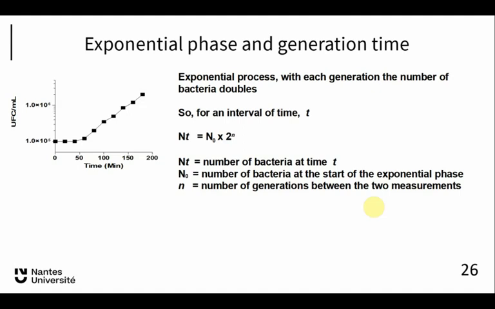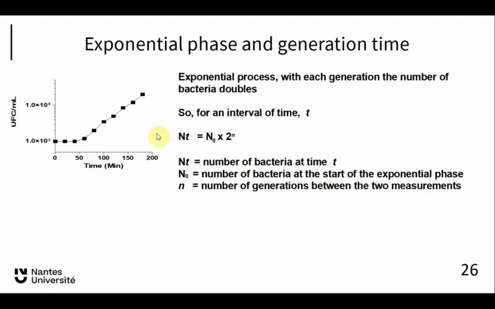How long does it take for a bacterium to divide into 2 cells on average? And the way to calculate the generation time is this. We've got this relationship: the number of bacteria at time t is the number of initial bacteria times 2 to the power n, where n is the number of generations of bacterial division we've had.